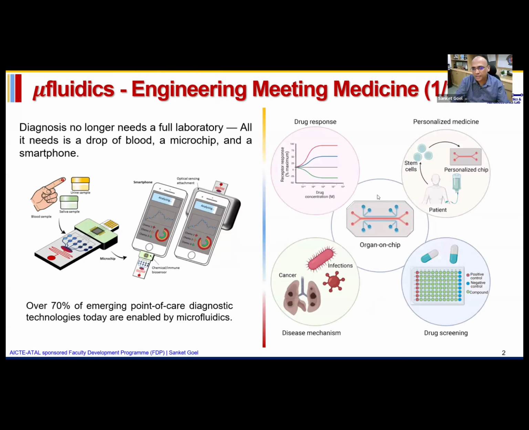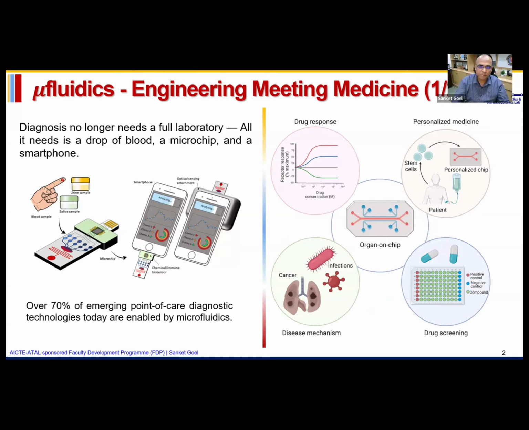So what you see here is that in order to do that, we have to create some devices, some chips. Organ on a chip is one very important application. We have been working in the organ on a chip area where we are trying to mimic the functionality of an organ, which means if you talk about a heart or kidney or liver.